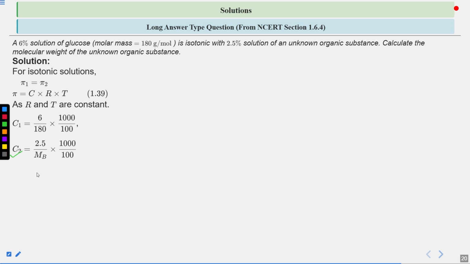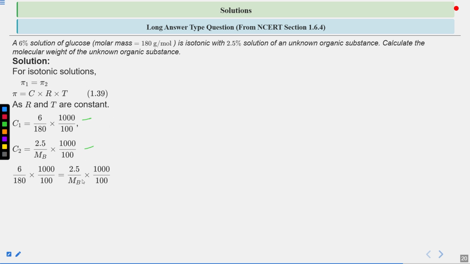C2 is the concentration of the second solution. The second solution is 2.5% of the solution, but it is unknown. We don't know what the organic substance is, so we just put its given weight upon the molar mass, multiply by 1000, divide by 100. Now you put these two values equal, because the concentration will be equal as the osmotic pressure is equal.